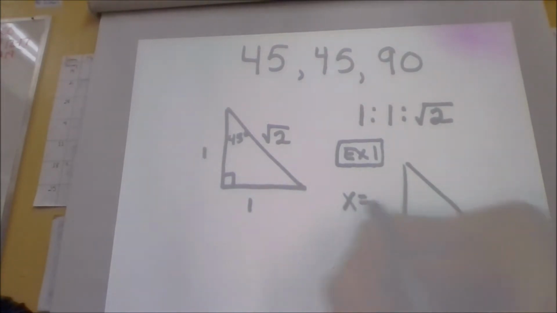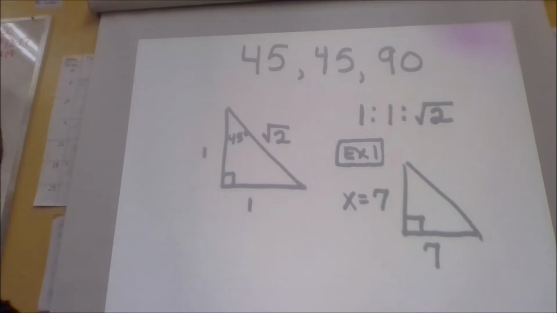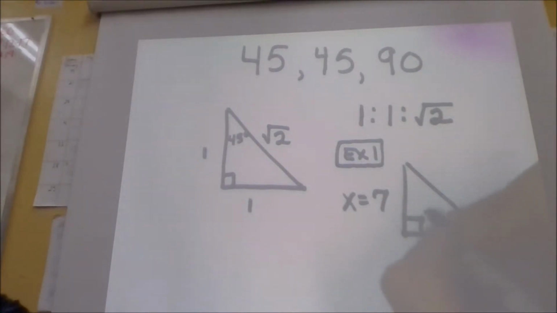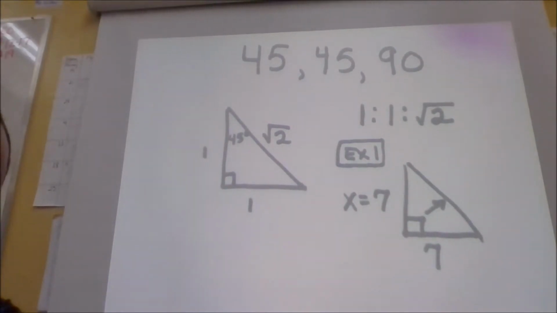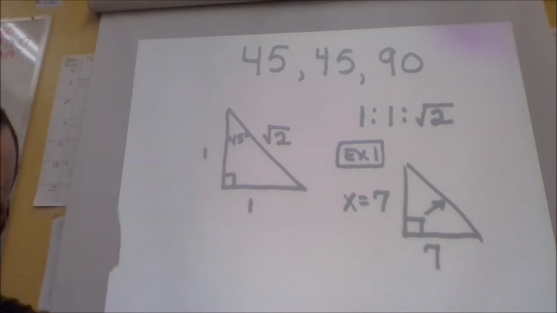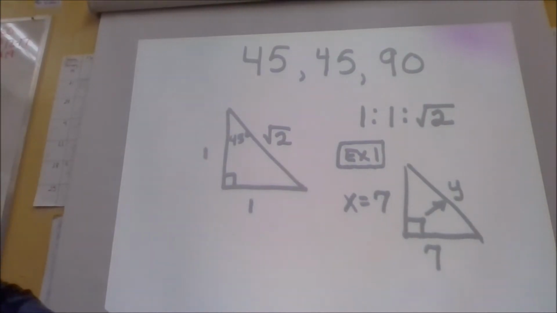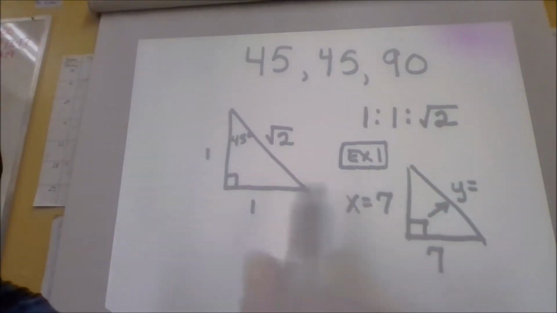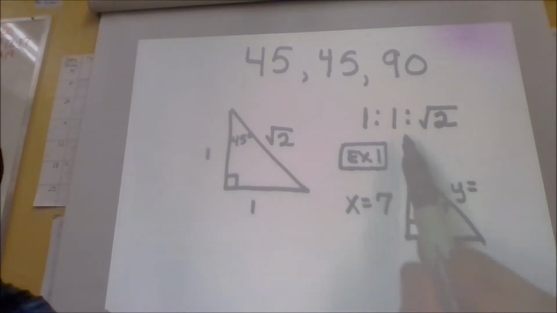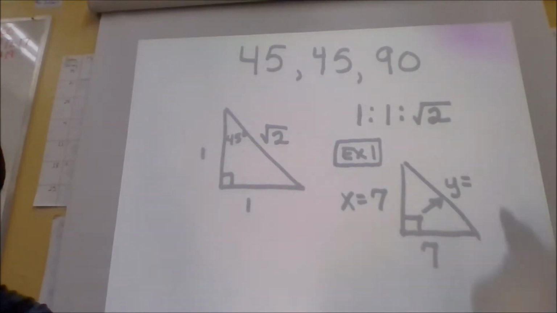I'll just say that's x equals 7. And we've identified the hypotenuse as the side that's across from the right angle. And we know, let's say that's y. Okay, y is the leg times the square root of 2. So that would just be 7 times the square root of 2.